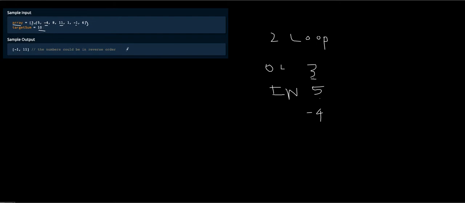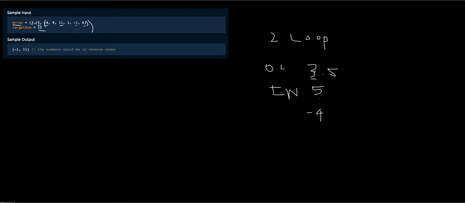So once I exhaust all my iterations in the inner loop, in the outer loop I'll move on to the next element, which is 5, and in the inner loop I'll start with the next subsequent element and I'll iterate till the end of the array.